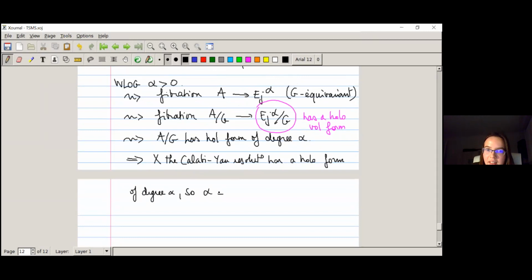So alpha equals n, and this is the volume form on X, because on Calabi-Yau varieties you don't have any form except for the volume form, which is an n-form.